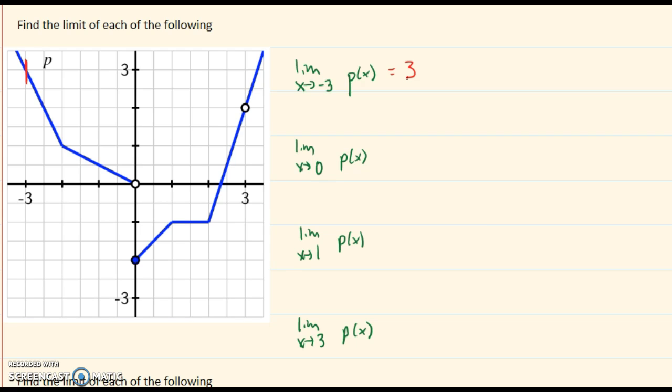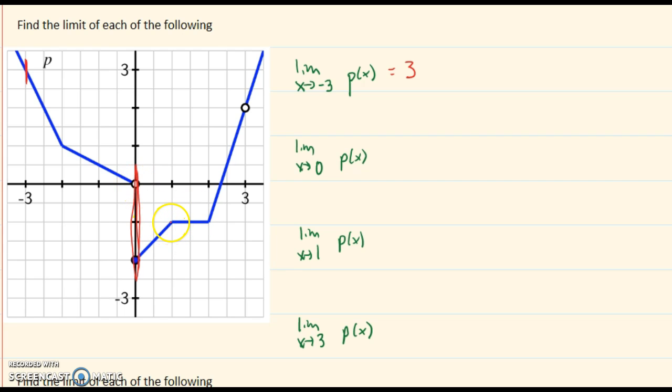On the second one, we're going to do the same basic idea, but now we're looking at the limit as x approaches 0. So 0 is this guy right here. Something weird is going on here. If I start to the left, there's nothing over here, so I'm going to start in this piece. We're getting closer and closer to x equals 0. The y-coordinate gets close to 0.